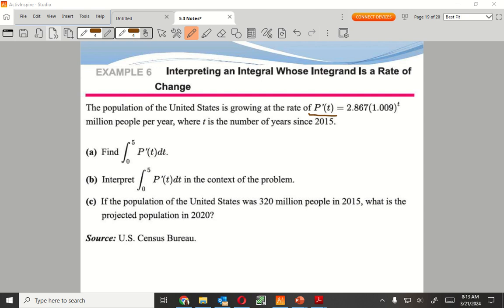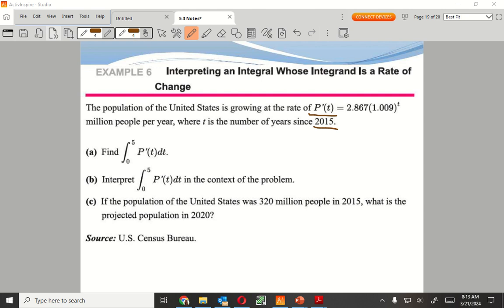So my equation is 2.867 times the quantity 1.009 raised to the t. Since this is a positive number inside the parentheses, that means it is an increasing population, in millions of people per year, where t is the number of years since 2015.